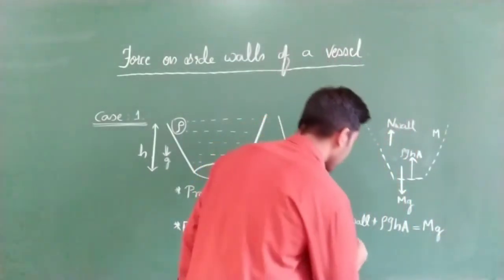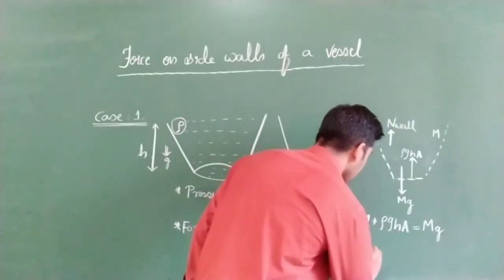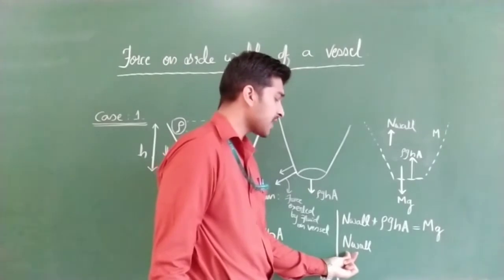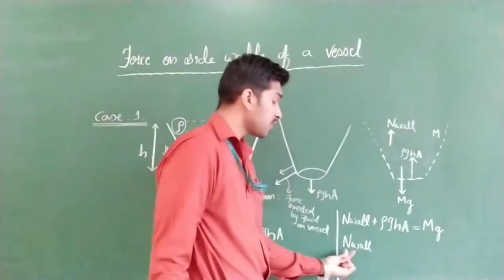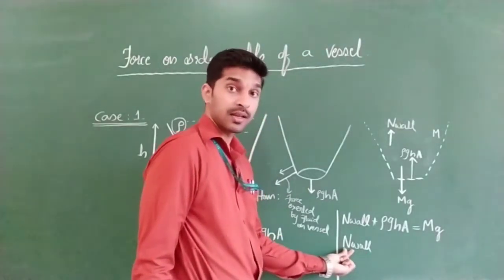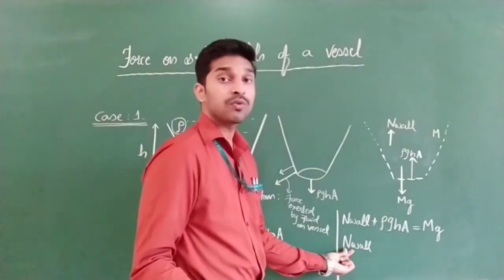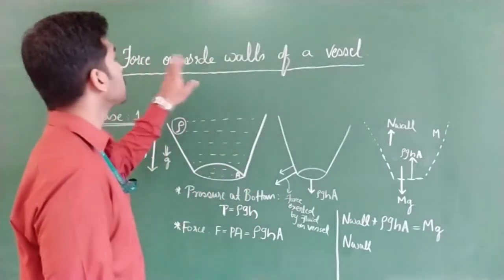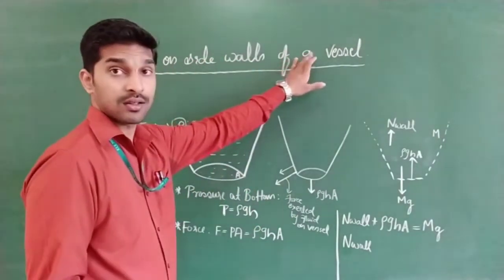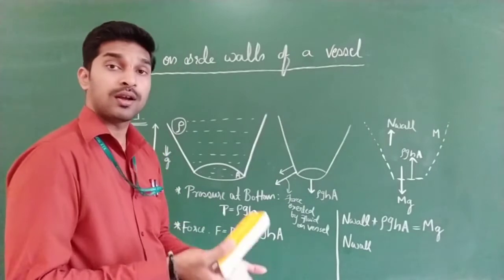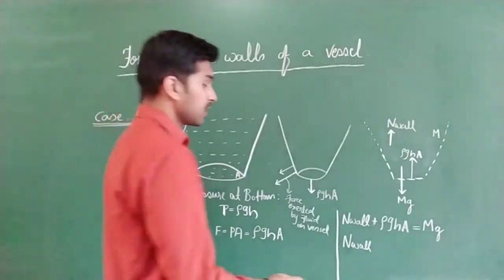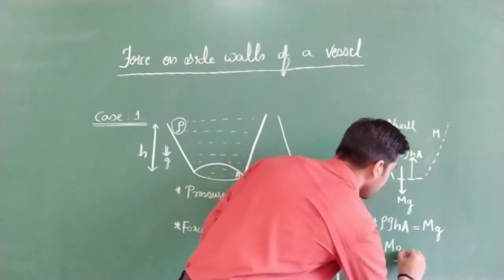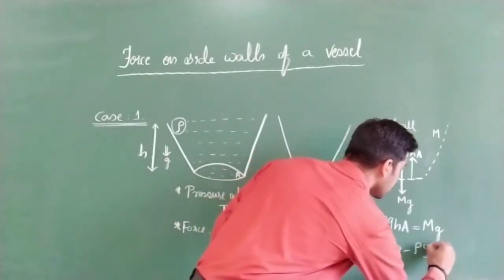If you separate N wall, basically N wall is nothing but the force that has acted on the fluid due to the walls of this container. Clear? And the same amount of force the fluid will act on the walls of the container. Force on the side walls of the vessel, the same amount of force. Why? Due to Newton's third law. N wall is equal to mg minus rho g h A.